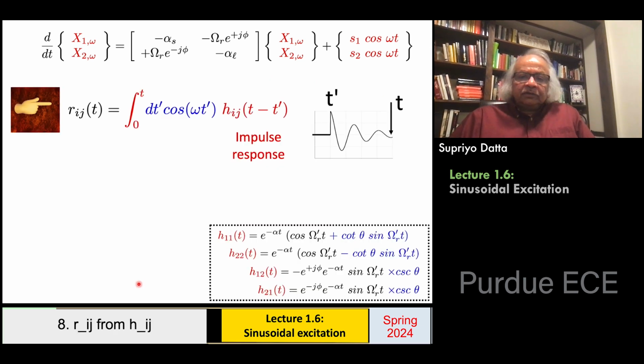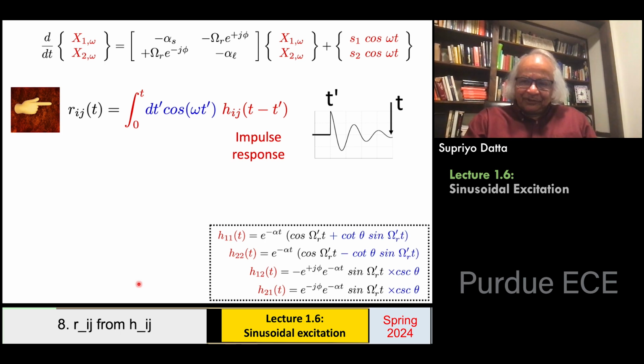Now, what we want to do then is get an analytical expression for this. We can make use of the impulse response that we have already found by remembering that, once you have an impulse response, for any source function you can always do this integral.